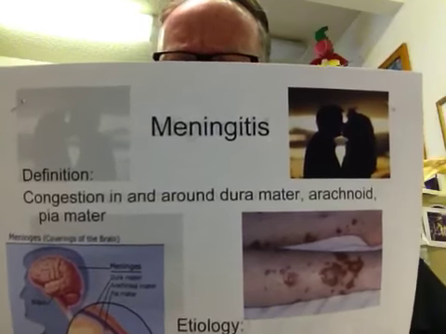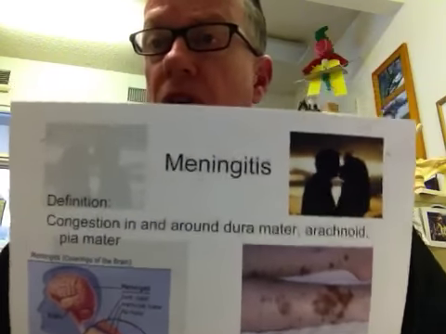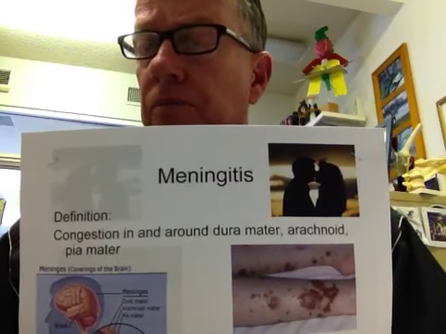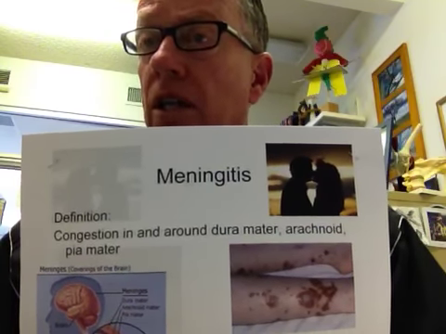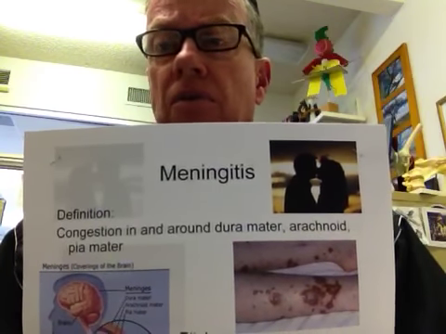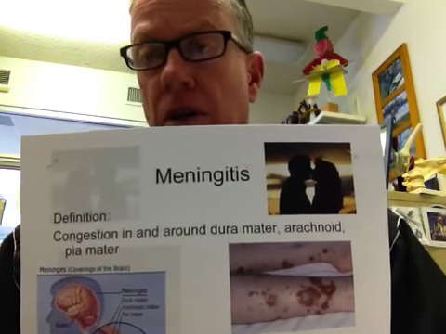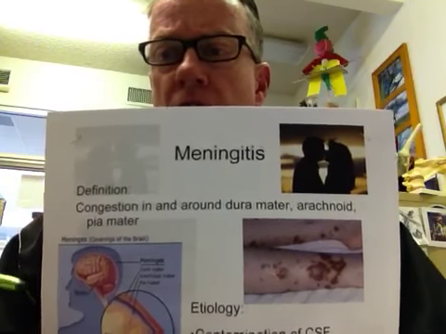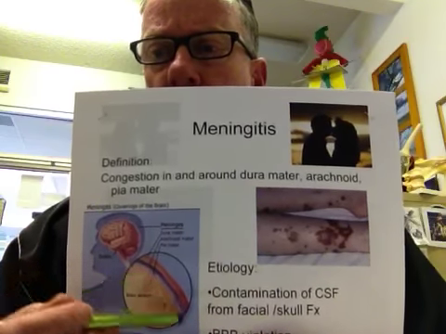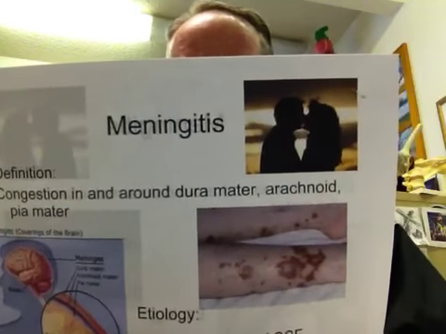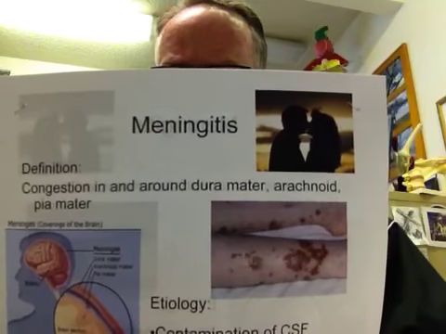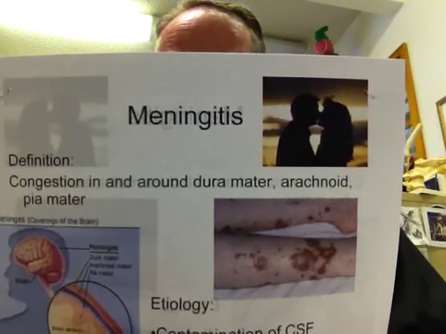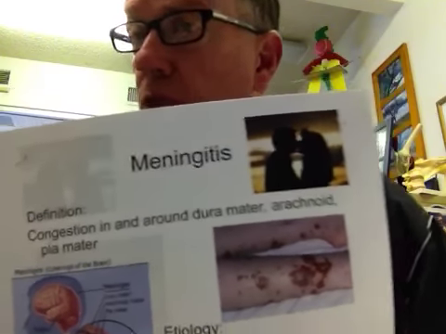Well, one of the infections of the central nervous system is inflammation of the meningeal layers. And so you know the dura mater, the arachnoid layer, and the pia mater. And if infection, viral or bacterial, or a myco-infection, which is fungal, moves into the meninges, which cover the brain and the spinal cord, then there's a contamination of the cerebral spinal fluid, and there's a violation of the blood-brain barrier.